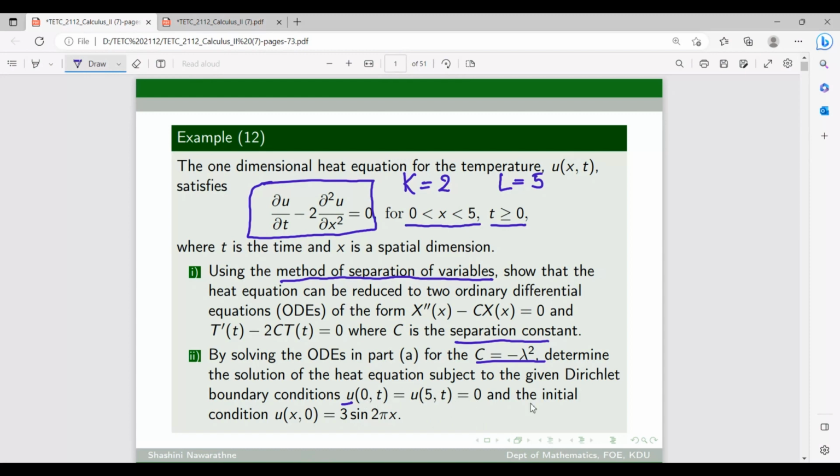And the next thing, the initial condition. The meaning of the initial condition is the temperature at time equal to 0. It is provided as a function of variable x. The function is 3 sin 2πx. Okay, that is the meaning of this problem. So let's discuss how to solve this problem. Do you have any questions so far?